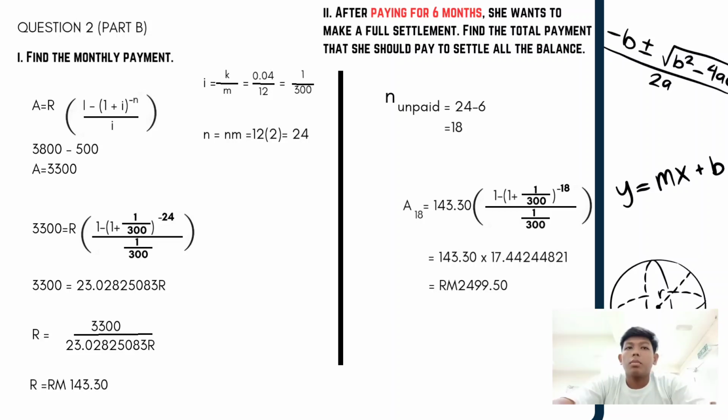Then we need to multiply 143.30 with 17.44244821, and the final answer is 2499.50. Settled for question 2. Thank you.